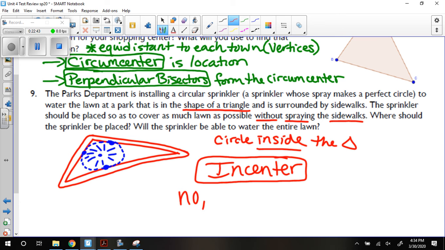No, the sprinkler can't reach the entire lawn.